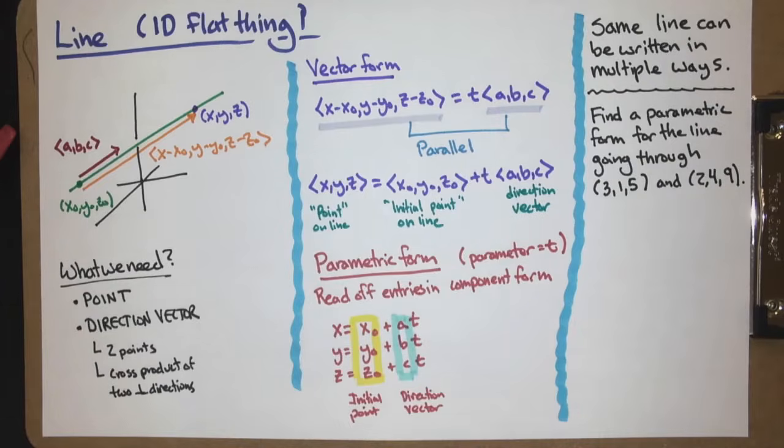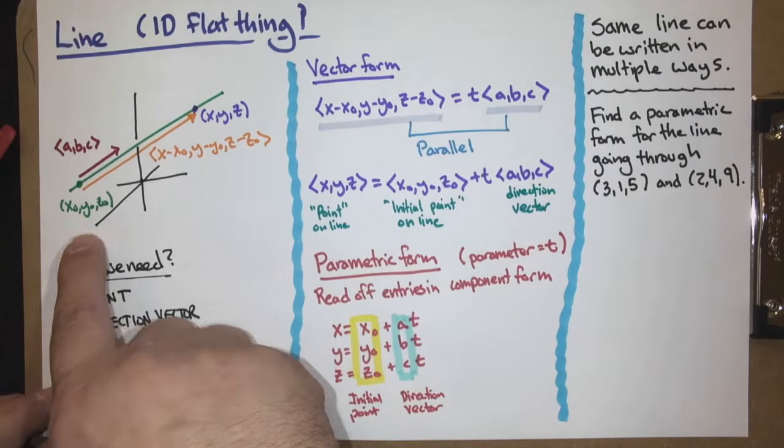Now, one word of warning up here in this corner. There is a sort of a bias away from lines when they write these on exams, because it turns out you can write the same line in many different ways. So if you're working on a problem that says find this line, and you're doing it with a friend, the two of you can come up with very different looking answers for the exact same line. Well, why can it look so different? How many choices do you have for your point?